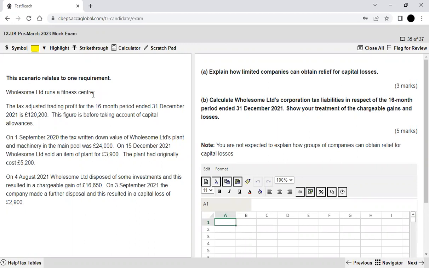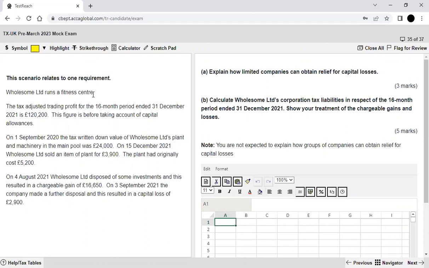On 1st September 20, the tax written down value of Wholesome Limited's plant and machinery in the main pool was 24,000. On 15 December 21, Wholesome Limited sold an item of plant for 3,900. The plant originally cost 5,200.